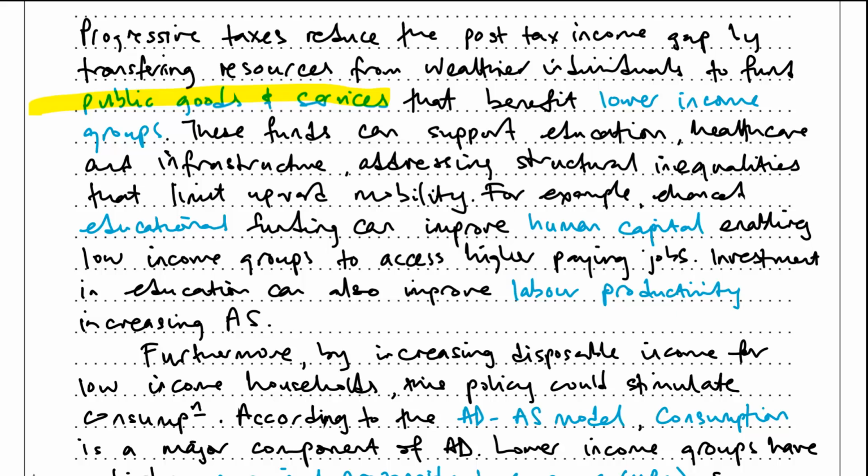And these public goods and services, like for example education, and more education leads to this thing called the accumulation of human capital, which is a key concept in the aggregate demand, aggregate supply model, and it improves labor productivity, which in turn will improve aggregate supply. So it will shift the aggregate supply curve outwards.